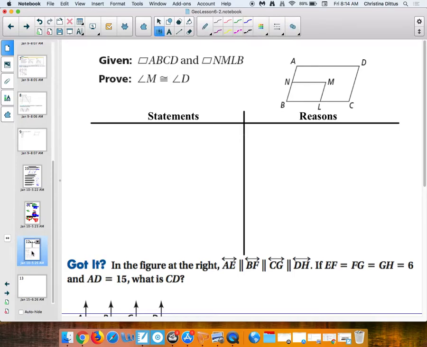What's our first line of proof? Yeah. The given, copy down, A, B, C, D, and N, M, L, B. Those just say that they are parallelograms, and my reason is given. My goal is to get that M and D have to be the same.